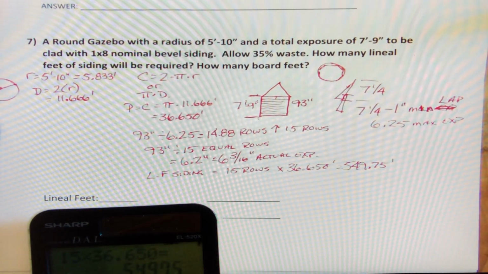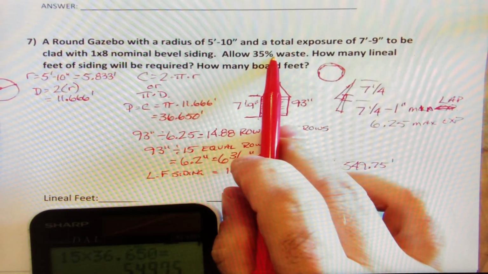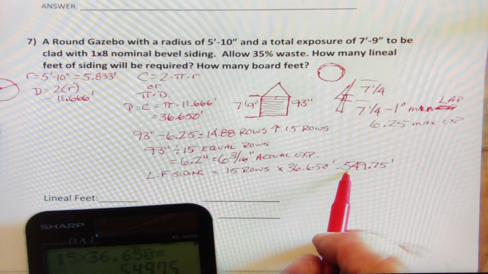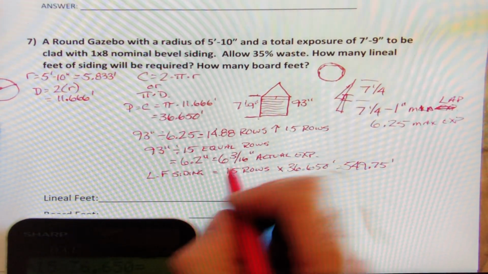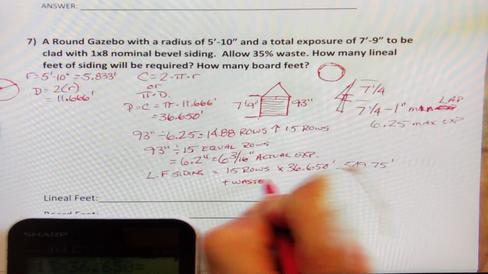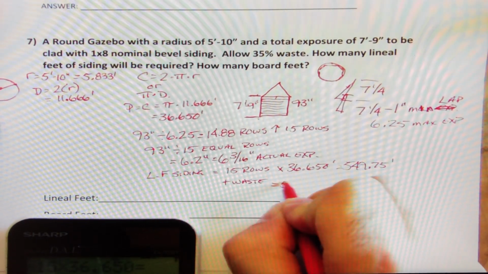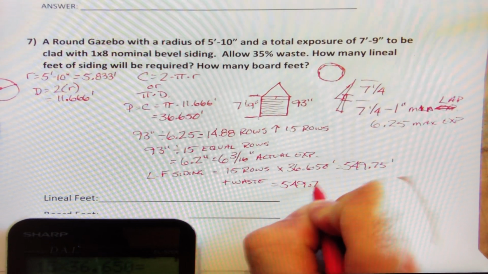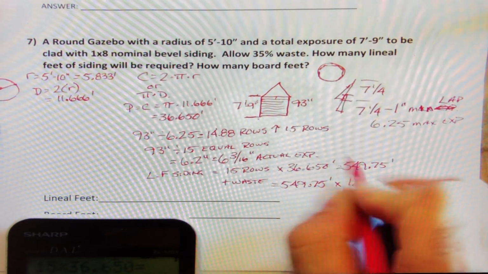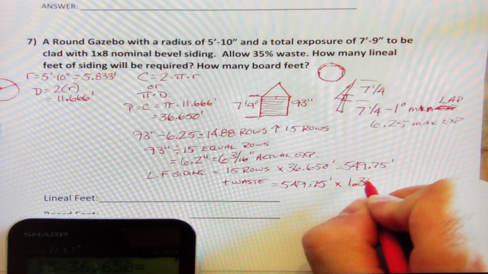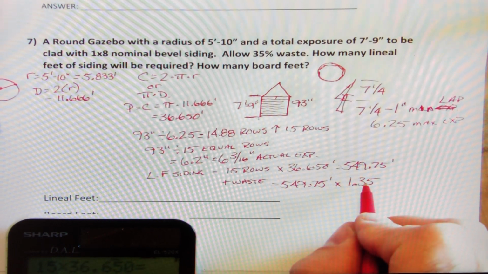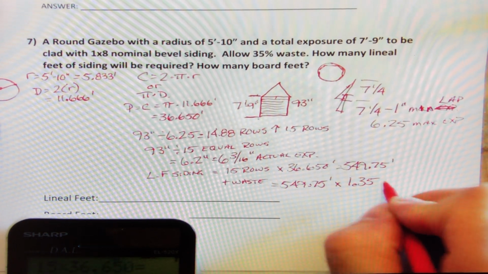Up in the question it says allow 35% waste, so I have to add 35% to that. Easiest way, take my plus waste equal to 549.75 feet right now times 1.35. That'll give me 100% of this number plus an additional 35% of that number.